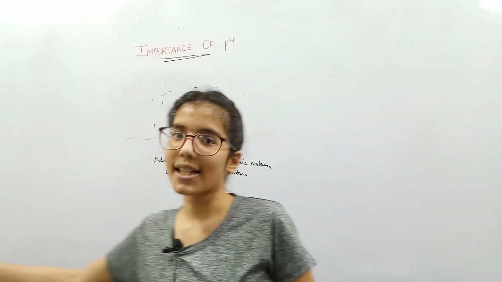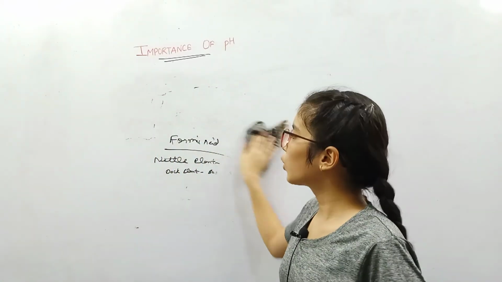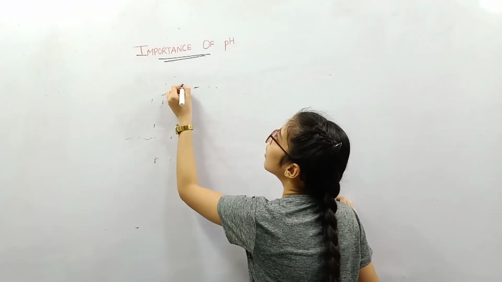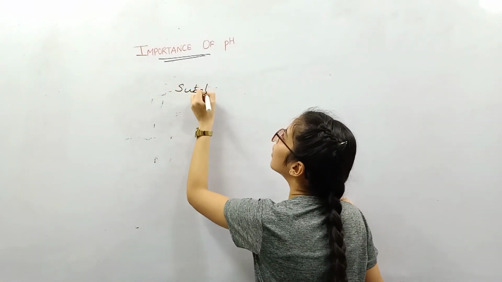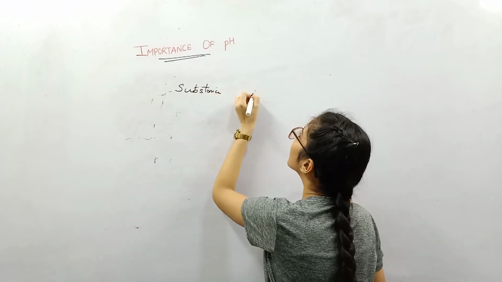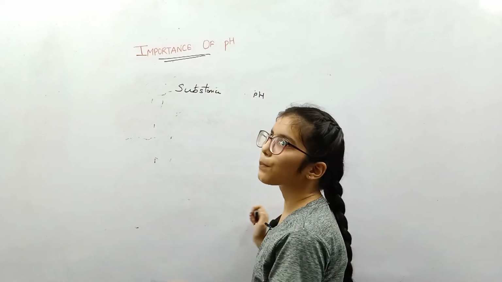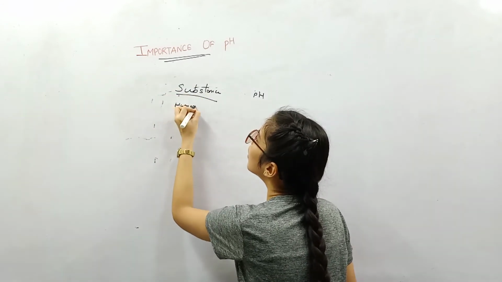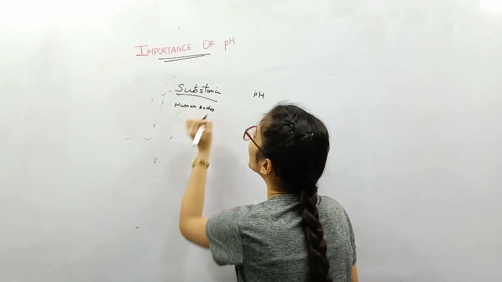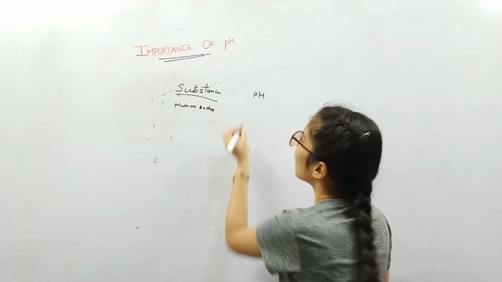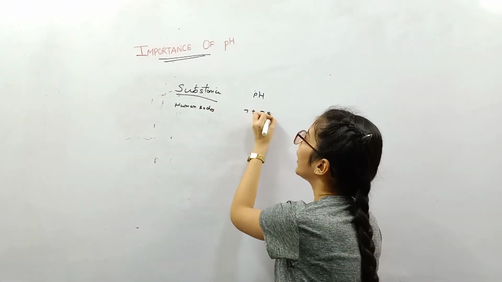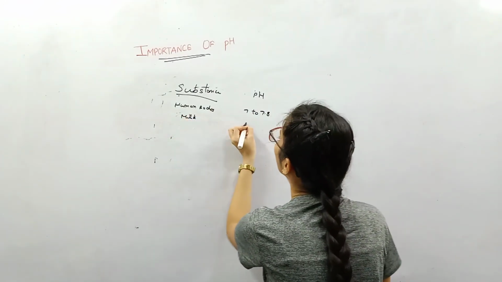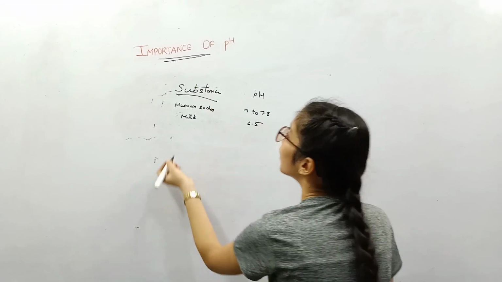So I think our topic is completed, but still there is one more thing to note, the pH of different substances. Human body normal pH is about 7 to 7.8, and milk has a pH of 6.5.